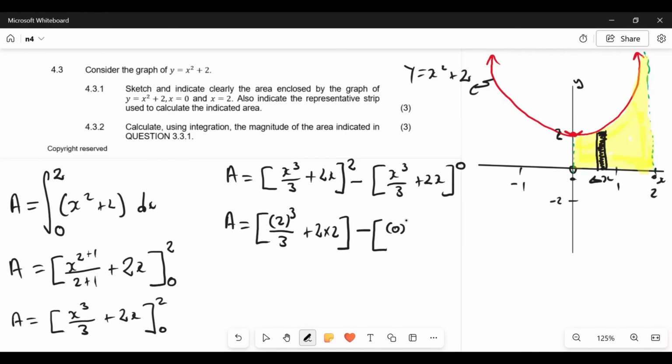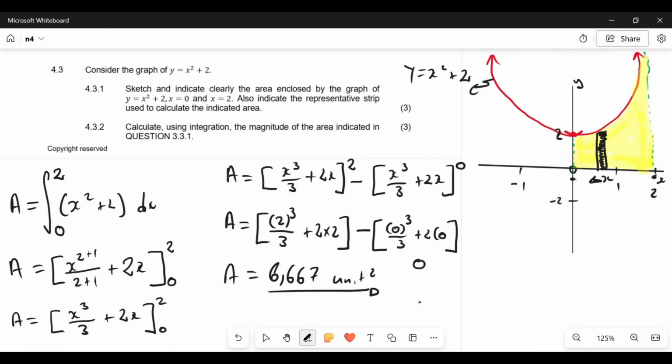We're going to have 0 to the power of 3 divided by 3 plus 2 multiplied by 0. There we go. And then when we use our calculator, on the first bracket, we're going to get 6.667 units squared. So this here is the area of this graph, the one that we indicated in yellow.